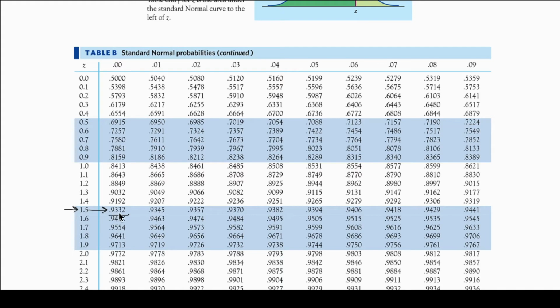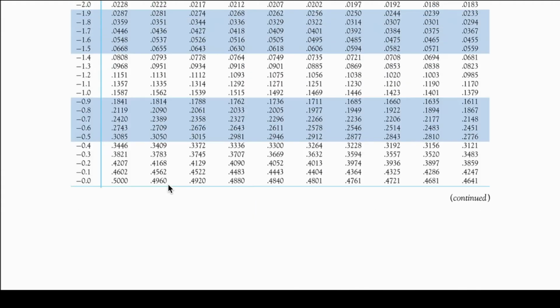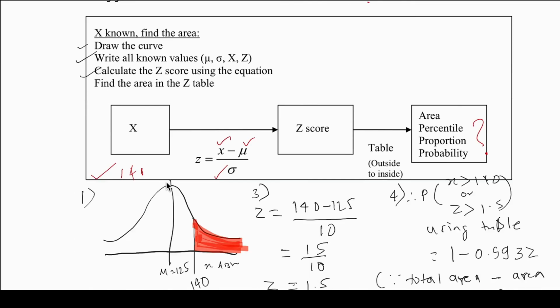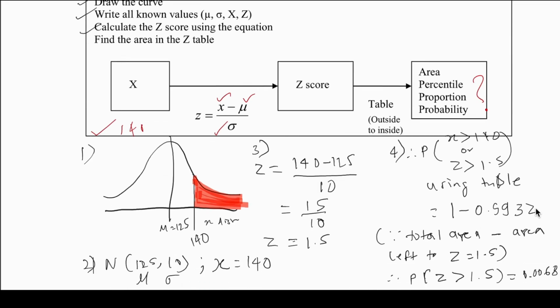So that's 0.9332. Once you subtract from 1, you are going to get the desired p-value, because the total area is 1 and we are subtracting the area for z, and the table z gives us the area left of that particular z, right?